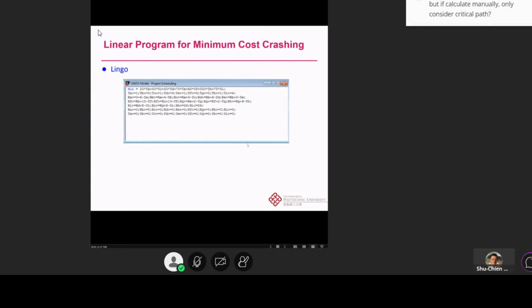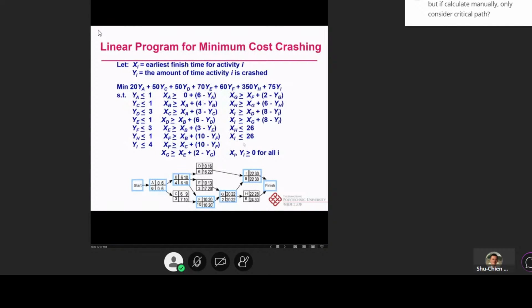Okay, Michael, I think you probably need to notice that all the paths are already included in the constraints. You can also see that. That is why, for example, if we have two predecessors, you can see XF should be larger or equal to XB plus the bracket of 10 minus YF. And XF also needs to be larger or equal to XC plus the bracket of 10 minus YF.